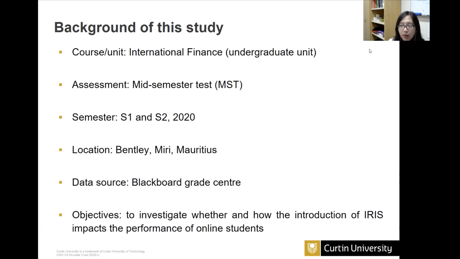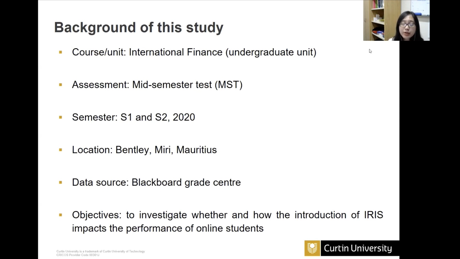In semester 1, we were not using ARIS, but in the current semester, semester 2, we are using ARIS throughout the Bentley campus, our main campus in Perth, and all offshore campuses. We collect student data, like their grades on the mid-semester test, from the Blackboard Grade Center.